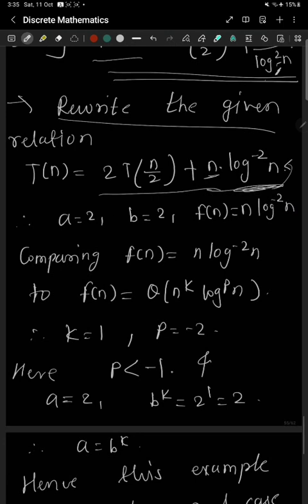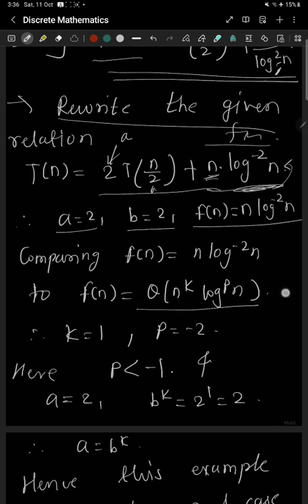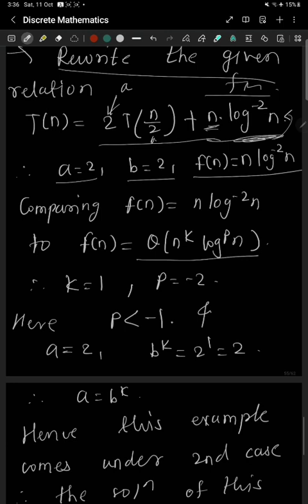Now a is equal to 2, we are going to compare it with the standard one, so a is equal to 2, this is our b, and this is our f of n. A is equal to 2, b is equal to 2, f of n is this. Compare this f of n with the standard f of n, which is theta of n raised to k log raised to p n. Power of n is 1, hence k is equal to 1.